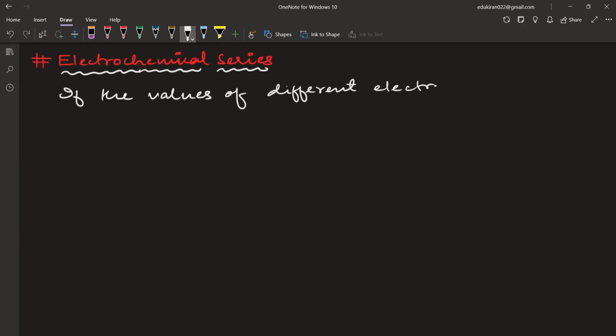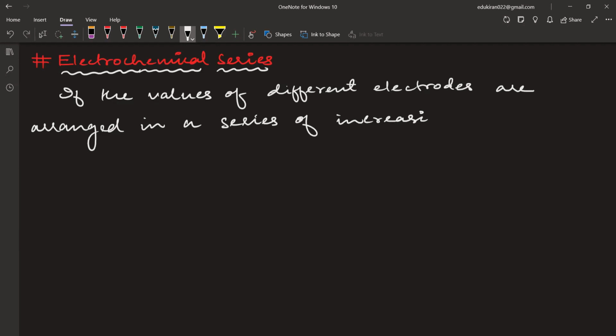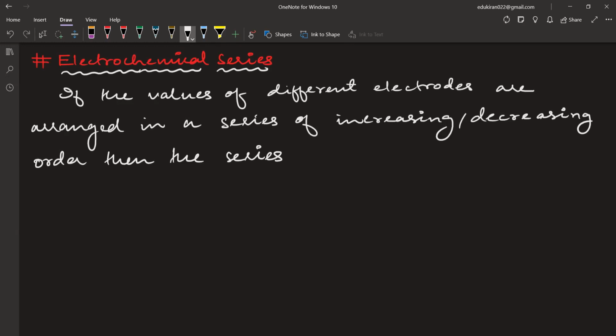If the values of different electrodes are arranged in a series of increasing or decreasing order, then the series is called electrochemical series.